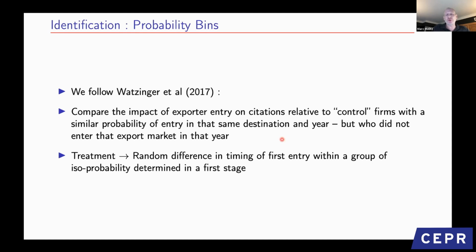And so this is going to be a control that is time varying for a particular firm F and at the destination level J.